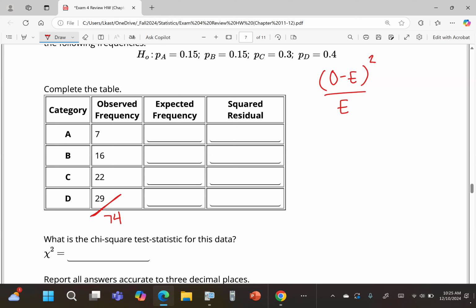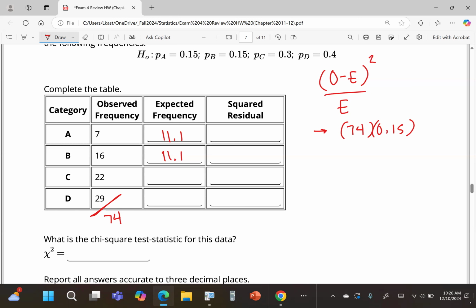So what's the expected? Let's do it right over here. Is it 74 times 0.15? So what do you get? 11.1? And then for category B, is it also 0.15? So is it the same as category A? Is that 11.1?